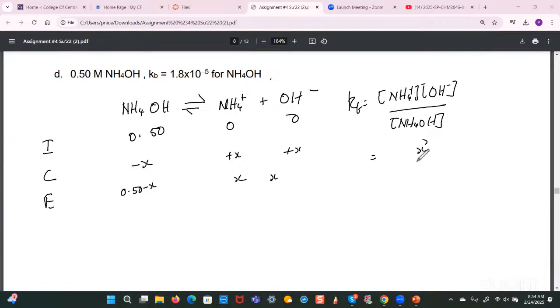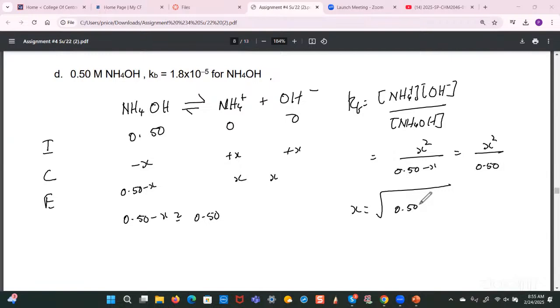X squared over 0.50 minus x, and then we do the approximation that 0.50 minus x is approximately 0.50. So this simplifies to x squared over 0.50. Therefore, x would be equal to the square root of 0.50 times Kb, which is given here, 1.8 times 10 to the minus 5.